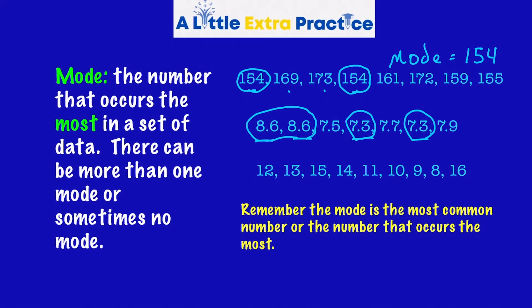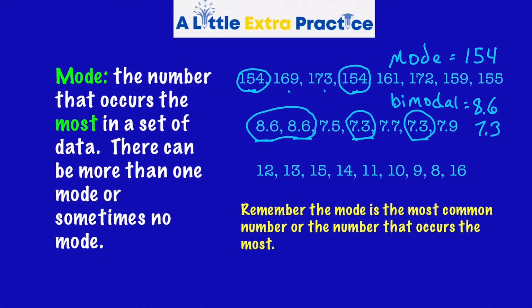So we have a tie. What we call that is bimodal, B-I-M-O-D-A-L. That means two modes. 8 and 6/10, 7 and 3/10 would be the two modes in that.